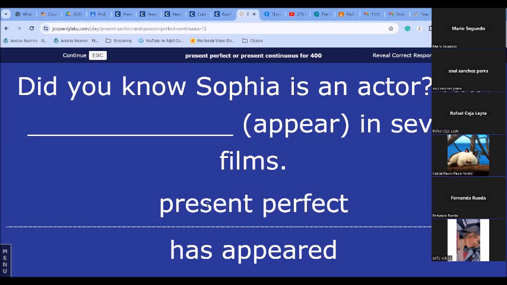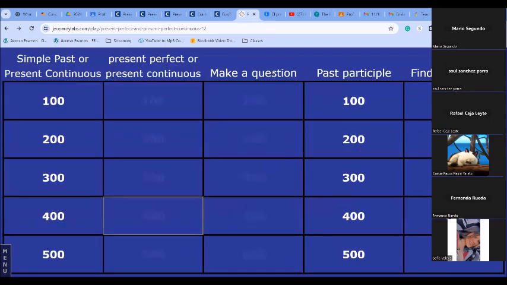Okay, repeat. Did you know Sofia is an actor? She has appeared in several films. Sofia Vergara, supposedly.